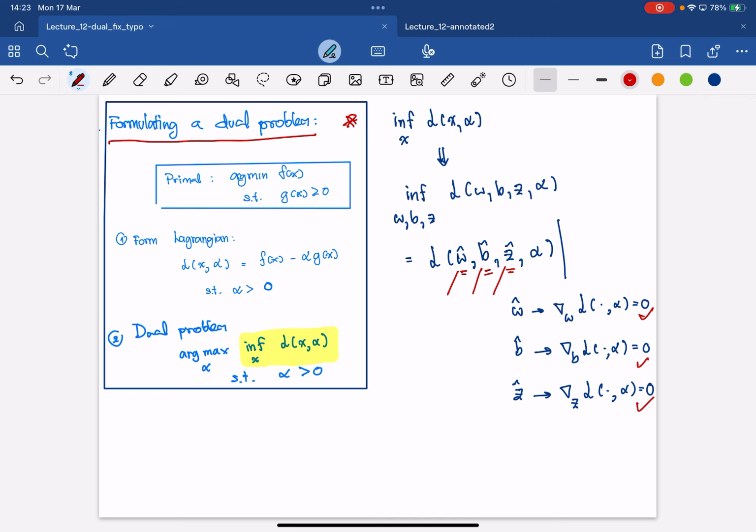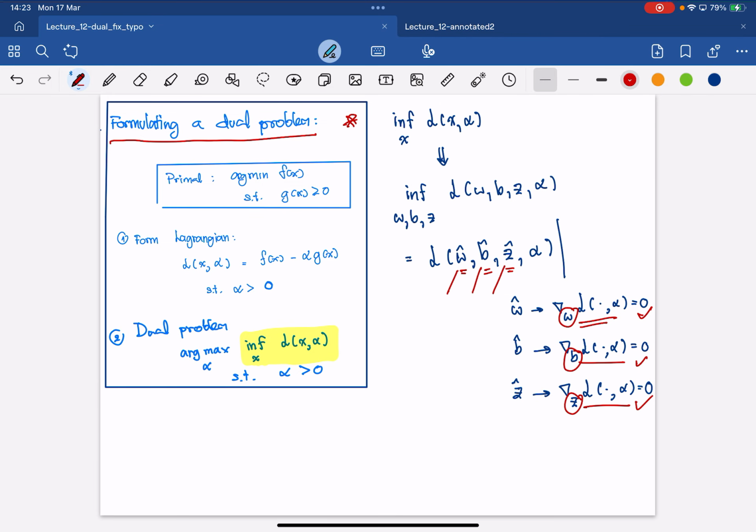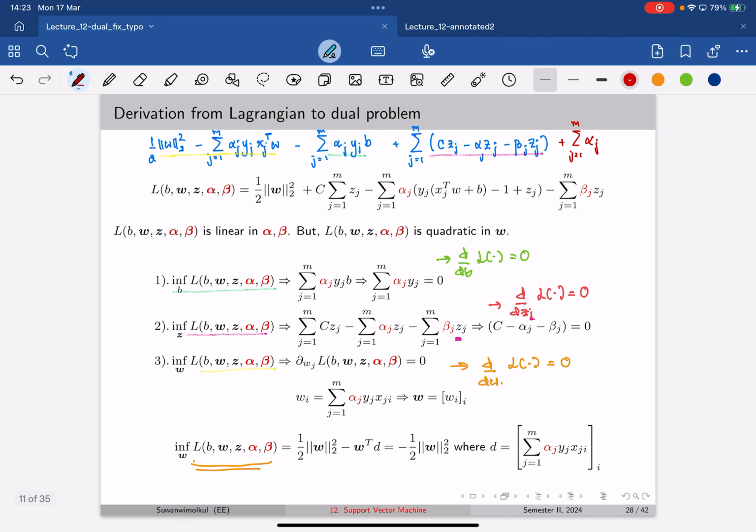So we will have to compute the gradient with respect to the normal vector, the gradient with respect to the bias, and the gradient with respect to the slack variables, and equate them to 0. The following we will do exactly that. Firstly, this is our Lagrangian objective function. And secondly, these are the terms that come from the main primal objective function, and the rest are the terms that we add from the constraints.